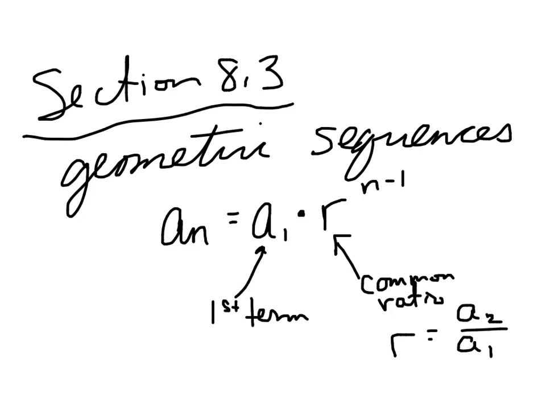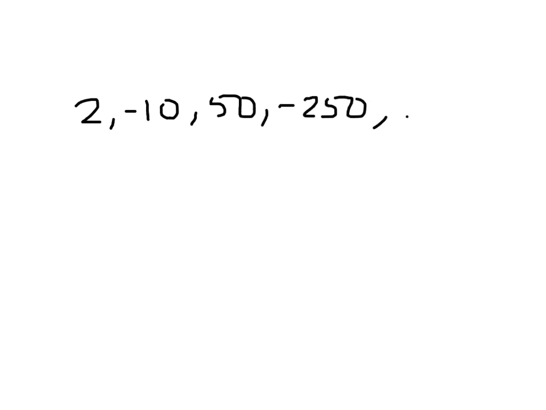Very similar to what we did in the last section, it's going to give you something like 2, negative 10, 50, negative 250, and it'll ask you what's the equation. Well, first of all, the sequence starts with the number 2, so that's the first term. Then, how do I get the ratio?